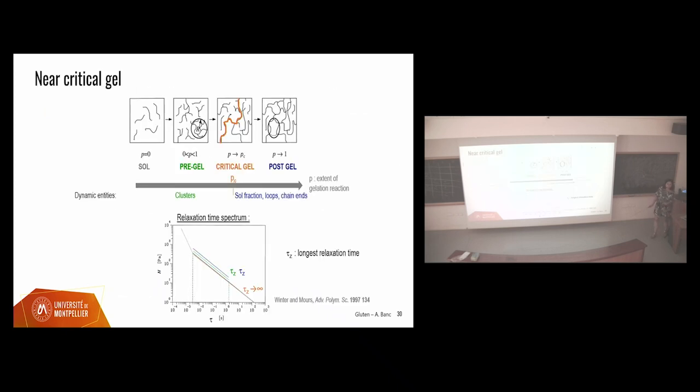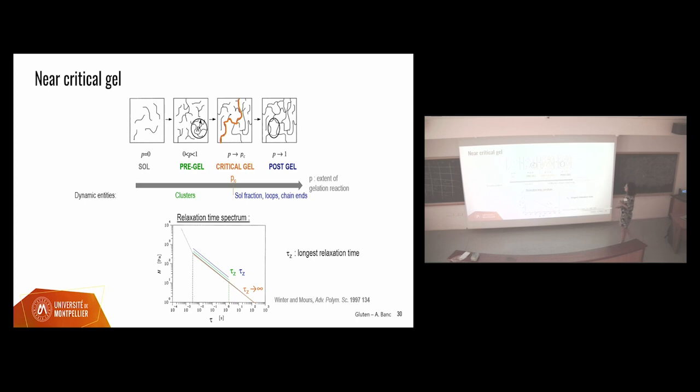However, as I told you, we don't always have a critical gel regime in our measurement, depending on the time, on concentration. Sometimes we have something that flows at low frequency or that behaves as a solid at high frequency. And this is a kind of behavior that we find in near critical gel.